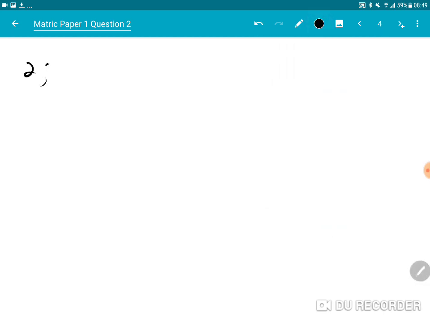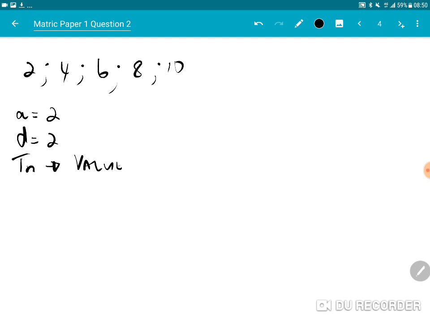We're going to write our series again: 2, 4, 6, 8, 10. We said A is equal to 2, D also equal to 2 because that's the common difference. Tn is the value and N is the position. All of this will make sense in a minute.